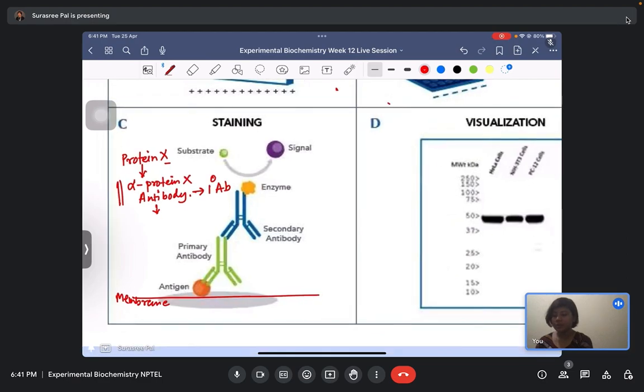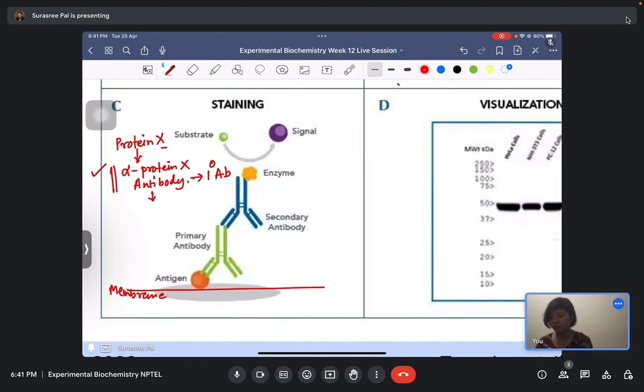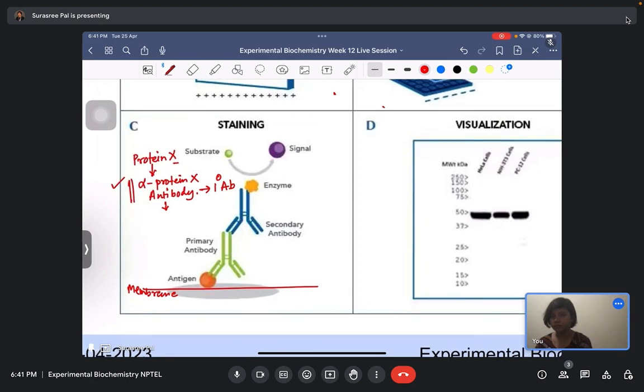So this was our primary antibody, the anti-protein X antibody, which directly recognizes the protein X. Now this primary antibody is unlabeled, but the secondary antibody that we will use will recognize the Fc region or the constant region of the primary antibody. So the anti-primary antibody will actually be our secondary antibody.